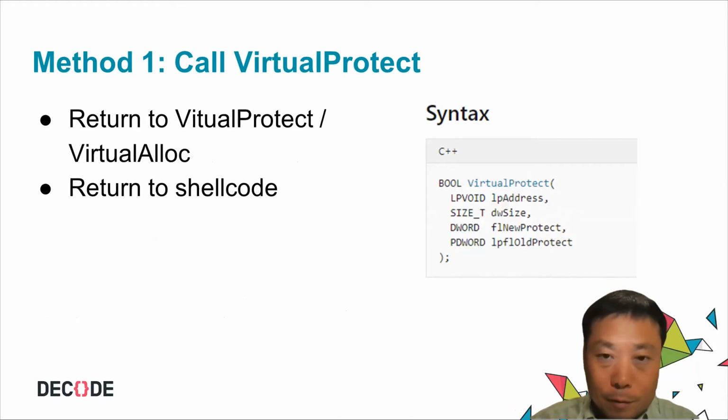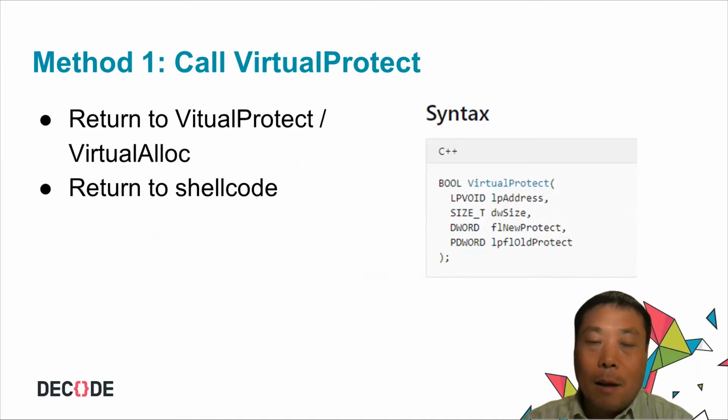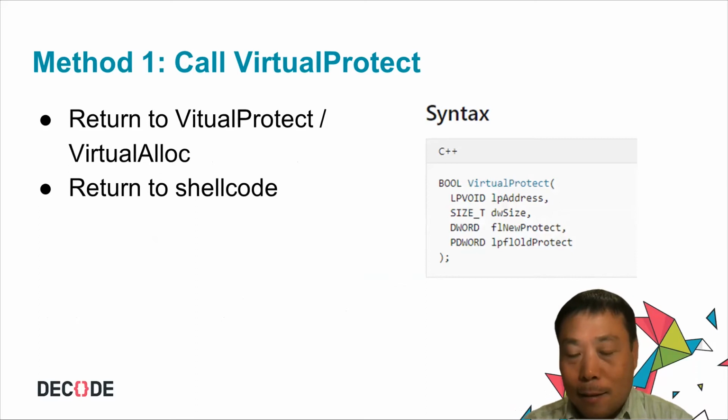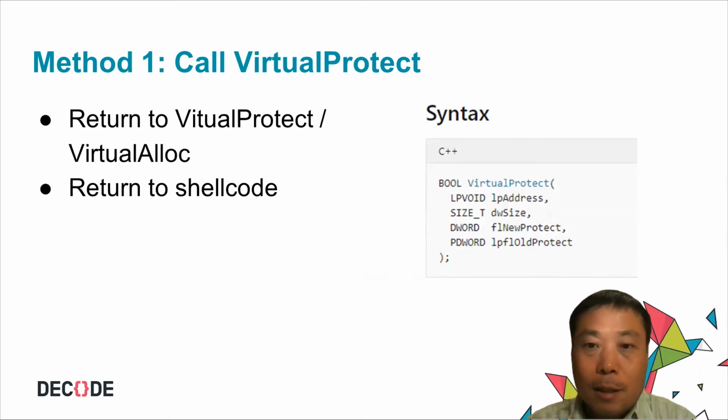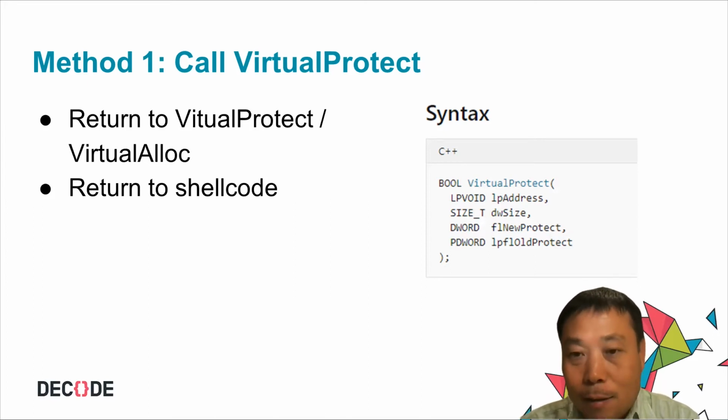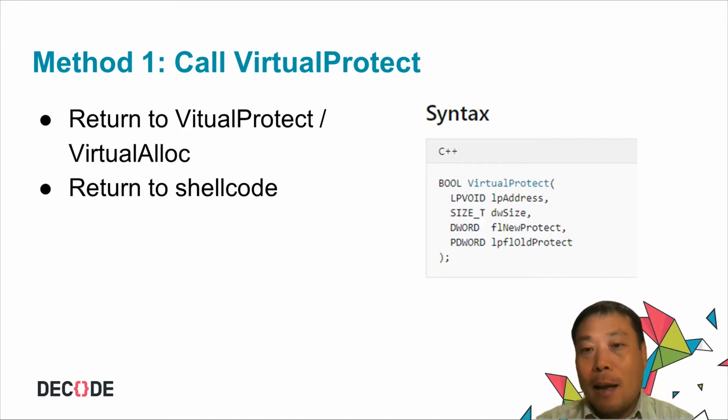So we carefully manage the stack layout and set these parameters: set the address as our shellcode address, set the size to the right size, and set the protect flag as executable. After calling this function, our shellcode will be executable.